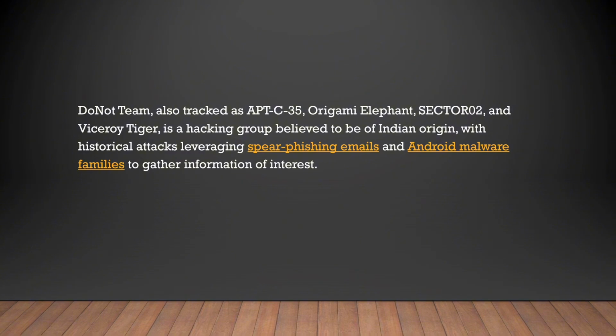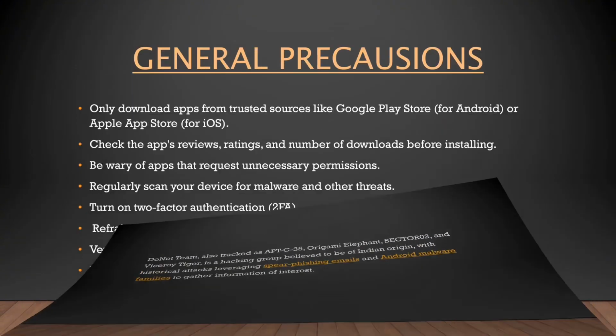So we have to be very careful about the apps that we download onto our phones and tablets, most especially when we are using apps that we have no idea about.